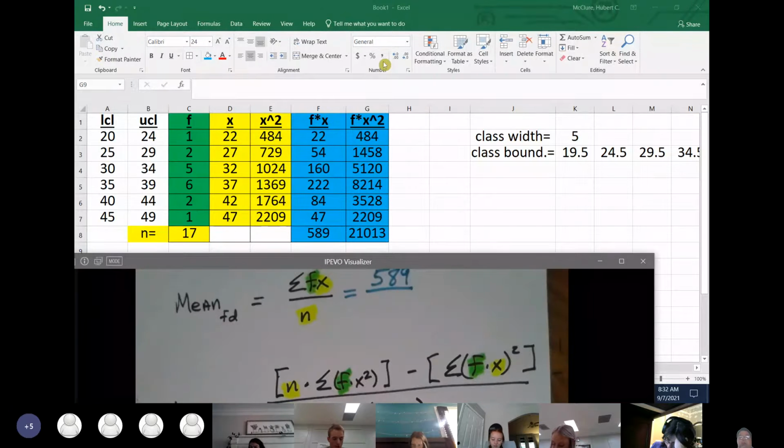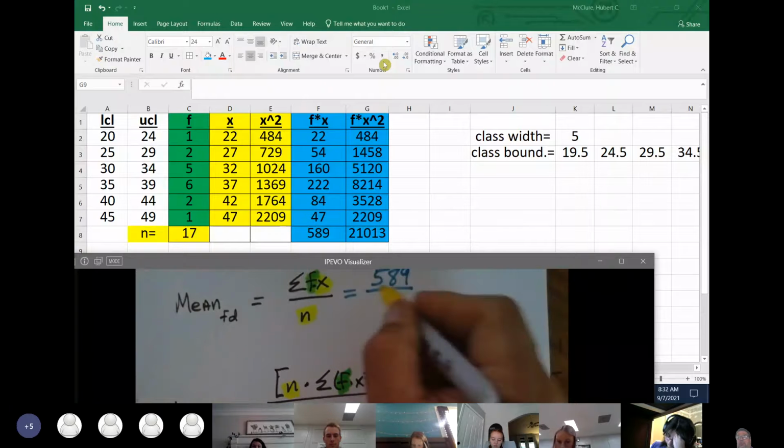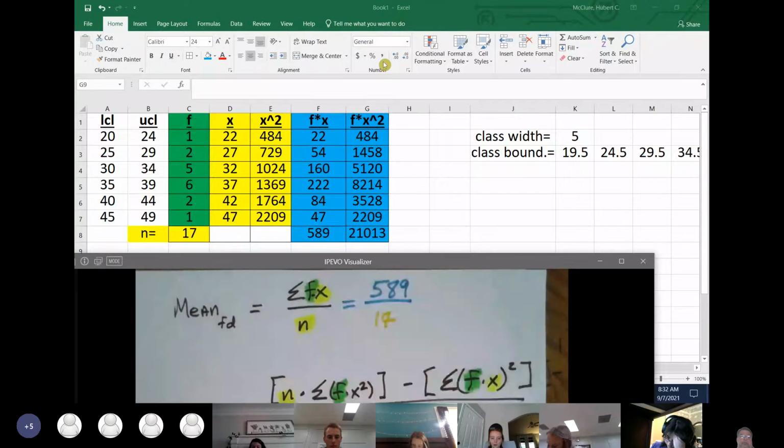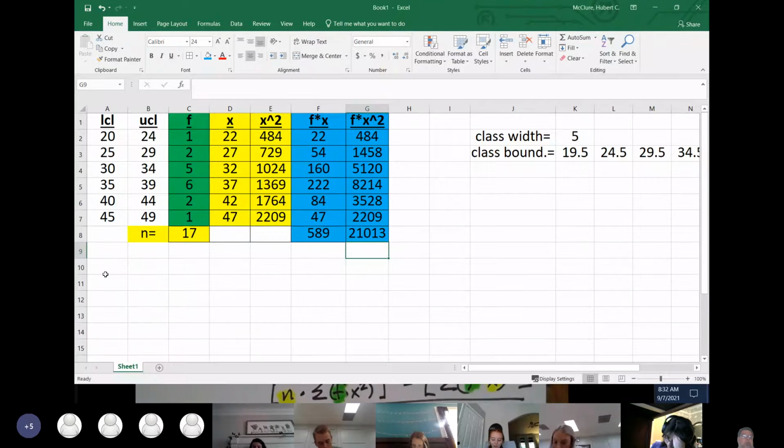This is not hard if you do it the way I show you. So the mean is equal to 589 divided by 17. Y'all check my work and tell me if you got 34.6. Give me a thumbs up. Good, good, good.